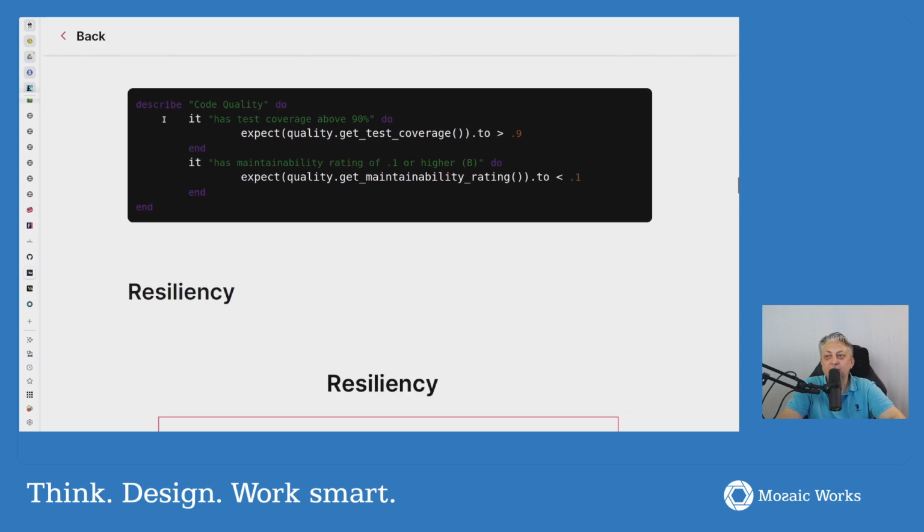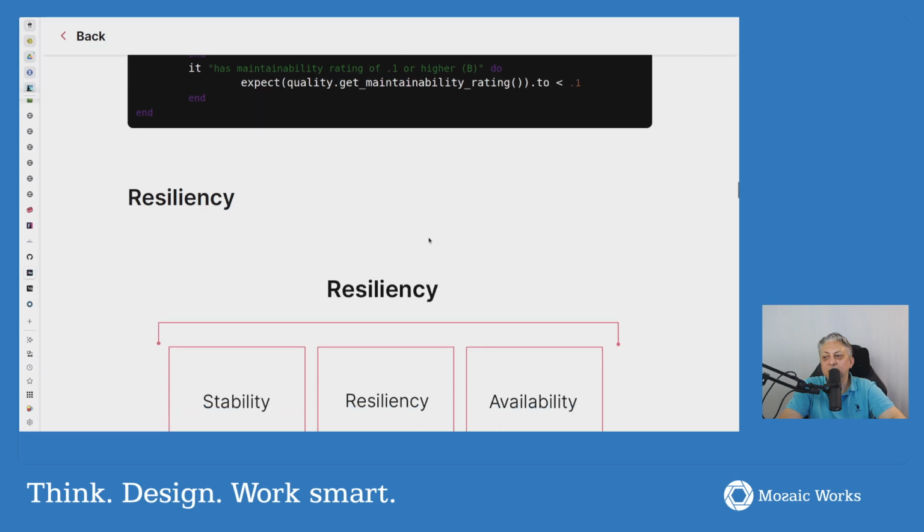So something like: describe code quality do, it has test coverage above 90% do, expect quality.get test coverage to be greater than 0.9. It has maintainability rating of 0.1 or higher. Do expect quality get maintainability rating to be less than 0.1.